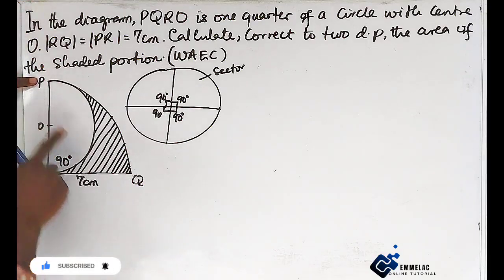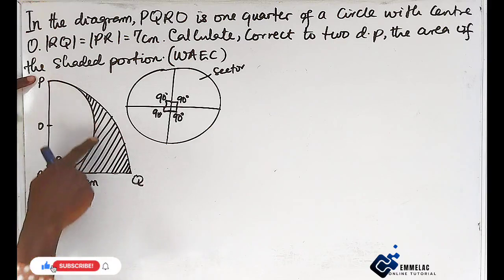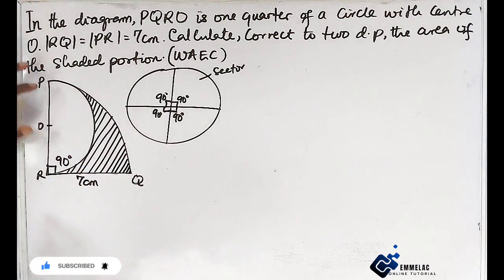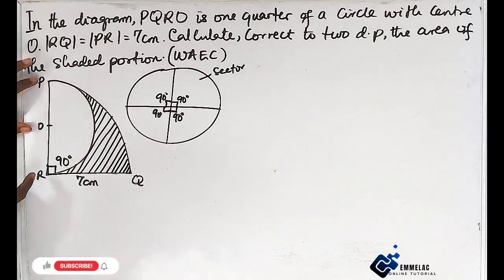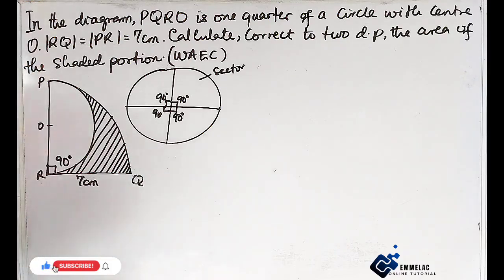Since PQRO is a sector, looking at this shape from P down to R, you can see it's also a semicircle. For us to get this shape, we have to take away PR, which is a semicircle, out from the total shape of the sector.